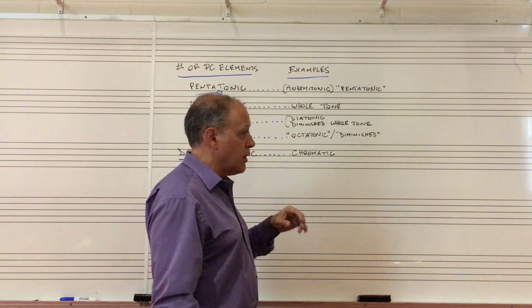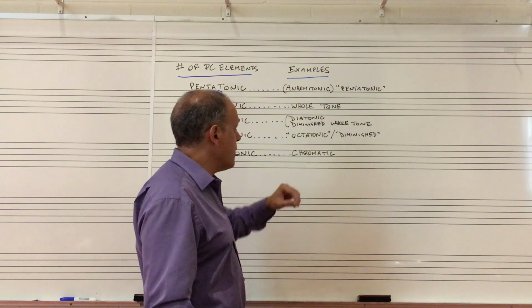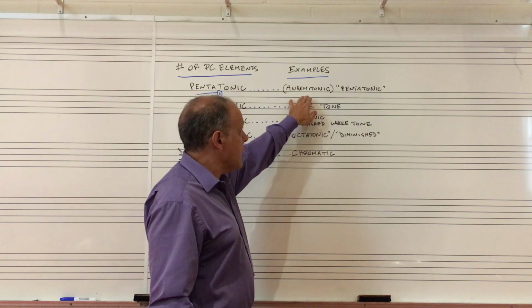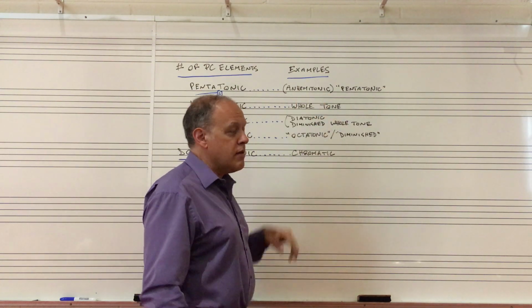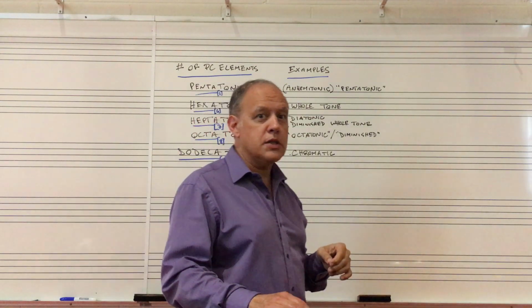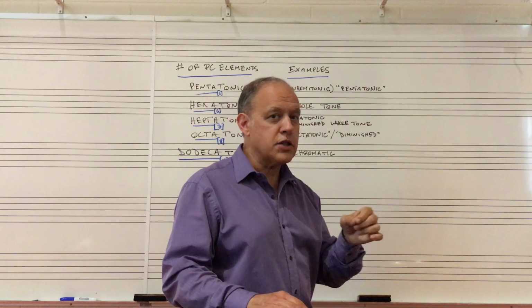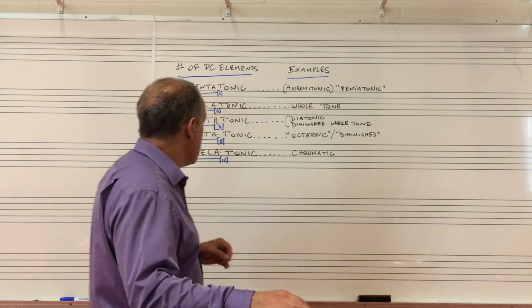As we'll discover, the type that became especially popular is known as the anhemitonic pentatonic. That anhemitonic term means that it's something without semitones, and that's going to be very important.